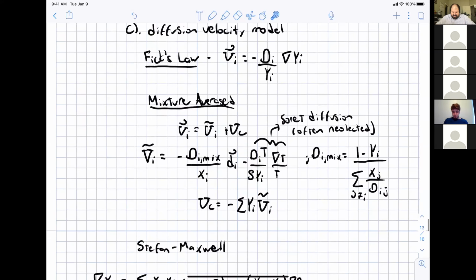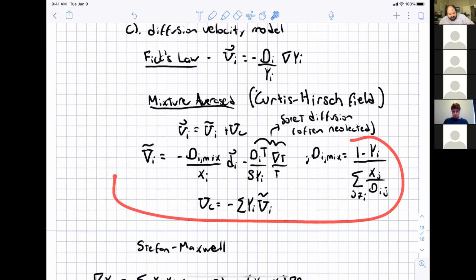If you use mixture averaged, sometimes called Curtis-Hirschfelder, same difference, then we basically have this mixture average mess here to determine the diffusion velocities.